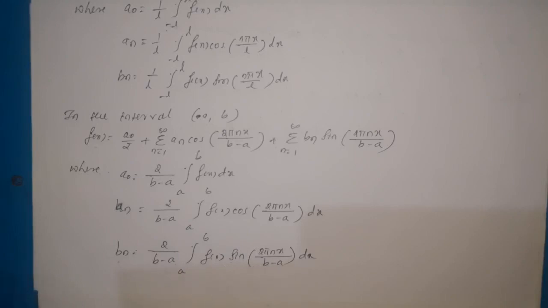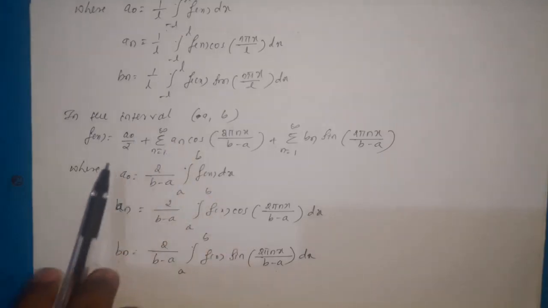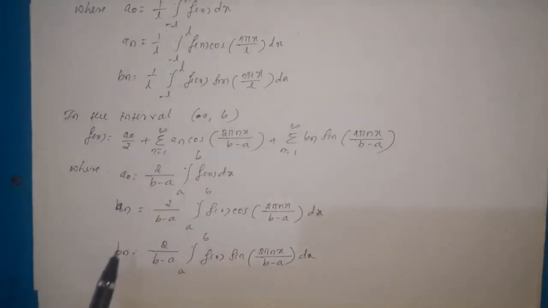So here remember this formula carefully, because whatever may be the interval given, in that interval we can expand the function. So therefore if you forgot all those four formulas, it will be okay if you remember this one. So therefore just remember this formula and these three, which are the formulae for Fourier constants or Euler's formulae.